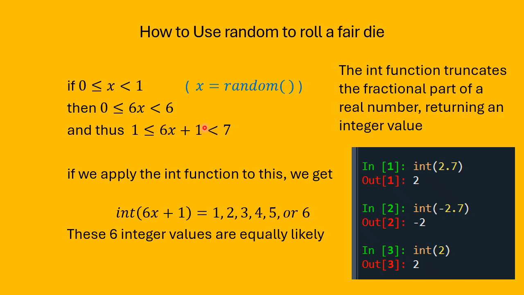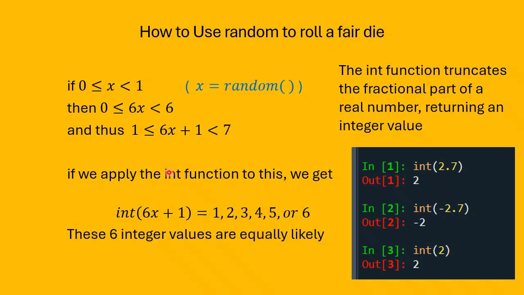So that tells us that 6x plus 1 is a real number, and by using this function, 6x plus 1 is going to be uniform on the interval from 1 to 7. So now we want to get integers. If we apply the int function to this, we're going to get int of 6x plus 1 equals either 1, 2, 3, 4, 5, or 6. And these 6 integer values are equally likely.